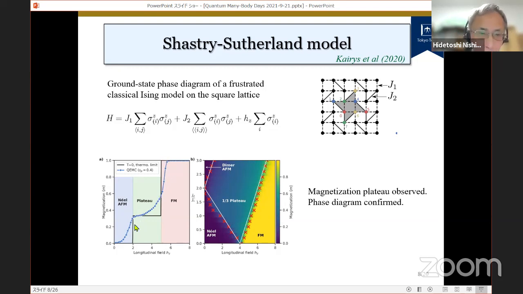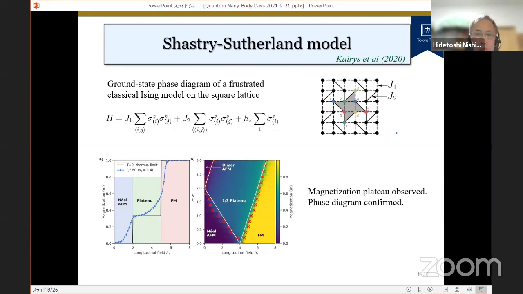So they plotted those anomalous points on the phase diagram, drawn in terms of the field and ratio of two interactions, J2 over J1. And the results are plotted as red crosses here and there, which agree very well with the theoretical prediction drawn in the white lines.